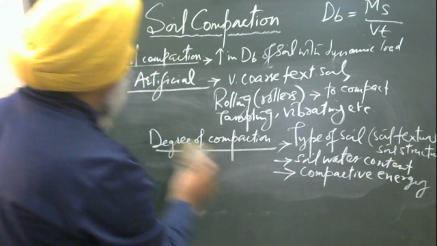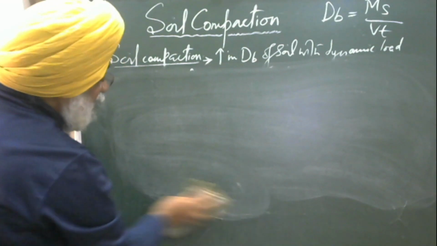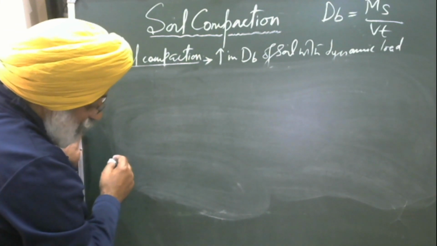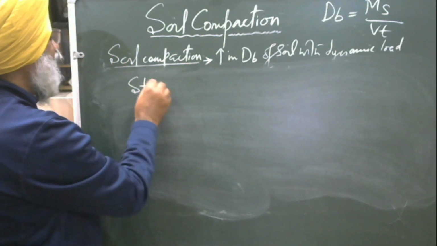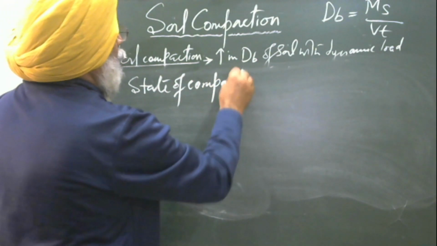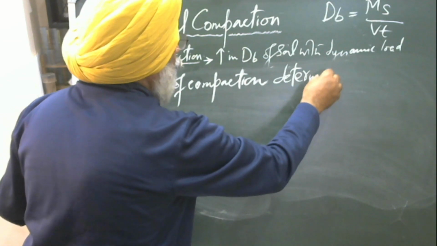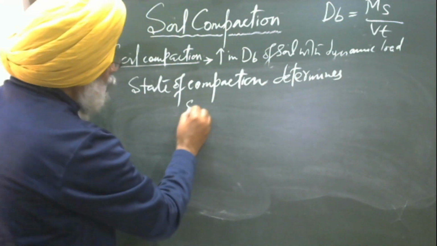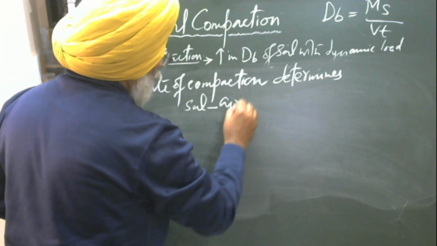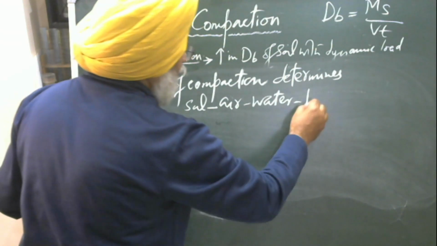So the significance of this compaction is, I had already discussed the significance of compaction in very coarse or coarse textured soils, but in general the state of compaction determines soil, air, water and temperature regulations.